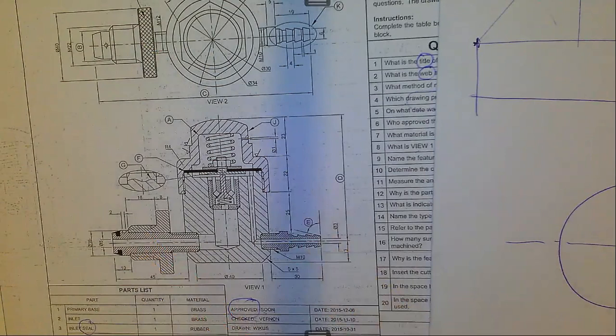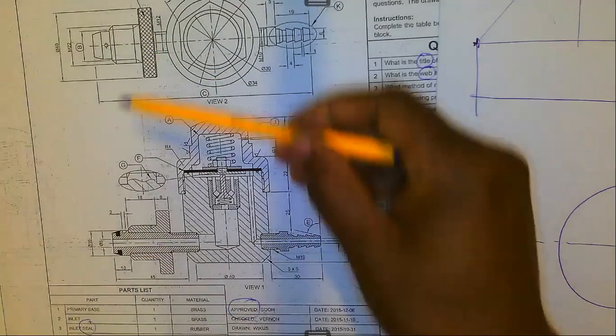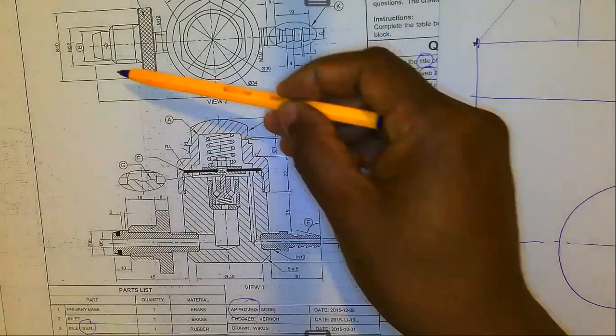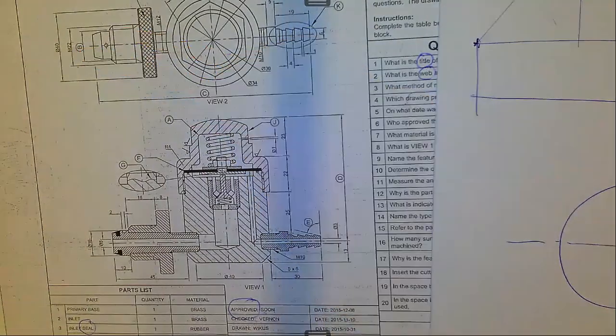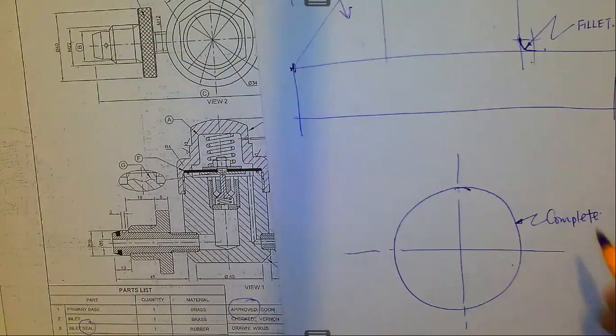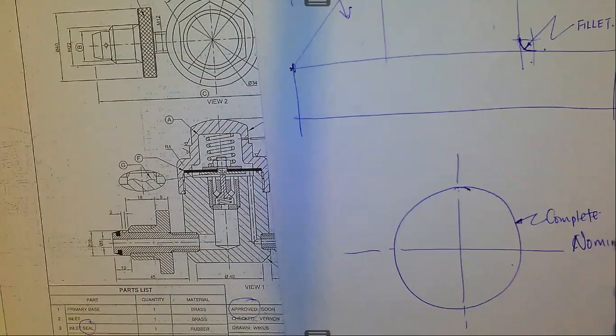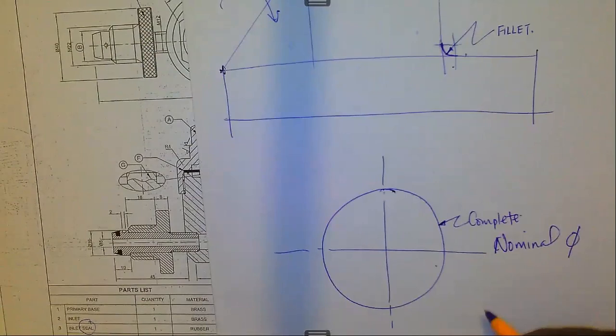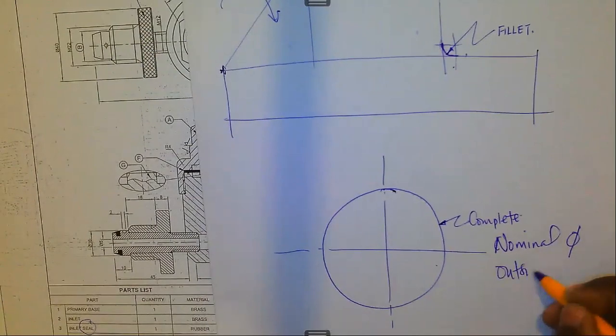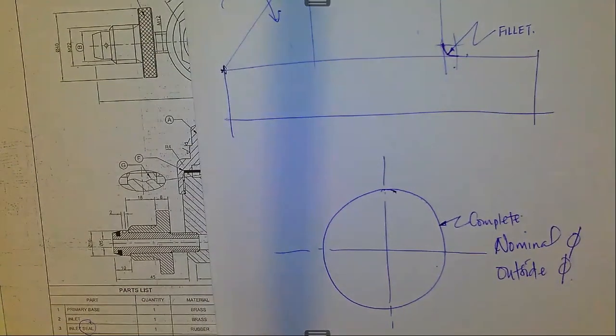So if you are not given the thread depth, remember the distance from here to there is the outside diameter. We can also refer to this as the nominal diameter, or the outside diameter in terms of a thread.